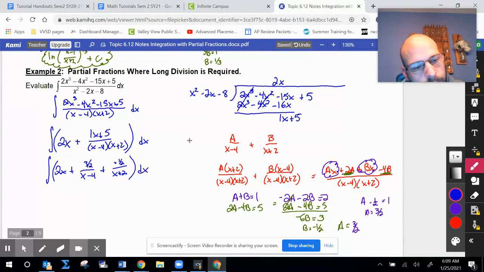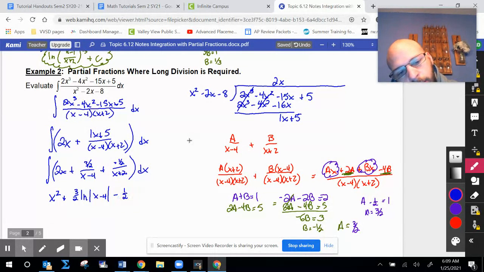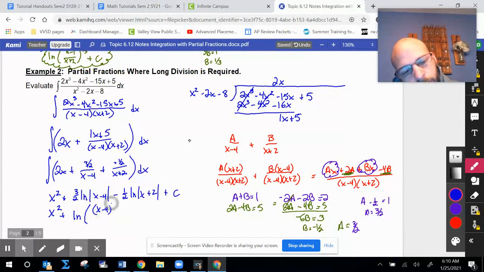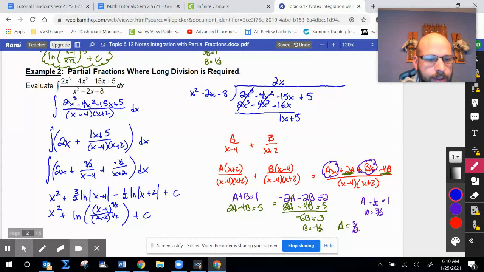The antiderivative of 2x is just x squared, plus 3/2 the natural log of x minus 4, minus 1/2 the natural log of x plus 2. If I do this, I can combine those logs together, which would give me the natural log of x minus 4 to the 3/2 over x plus 2 to the 1/2, plus c. And that would be my answer.